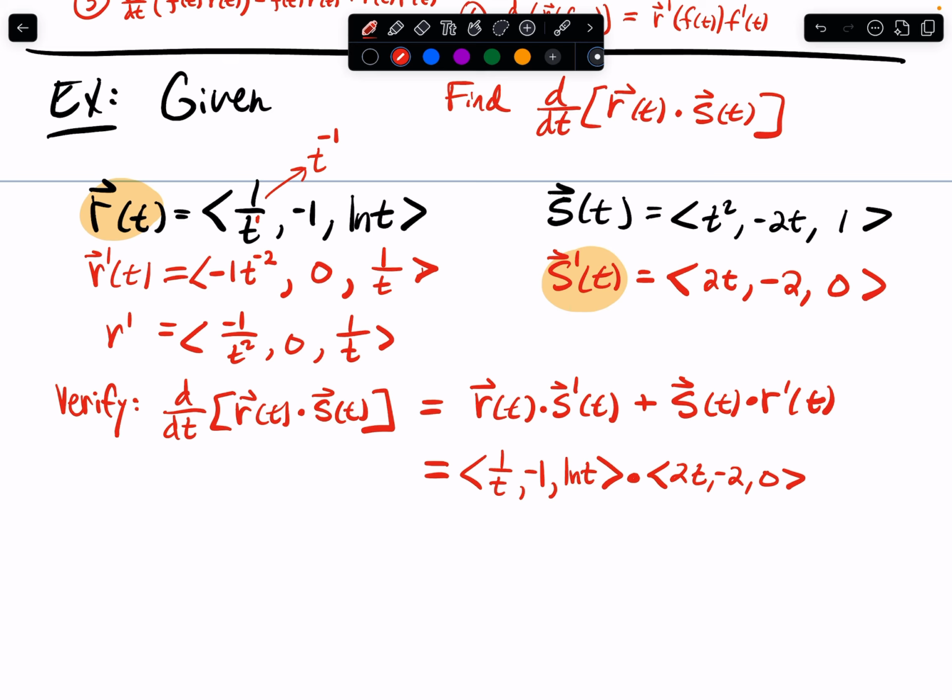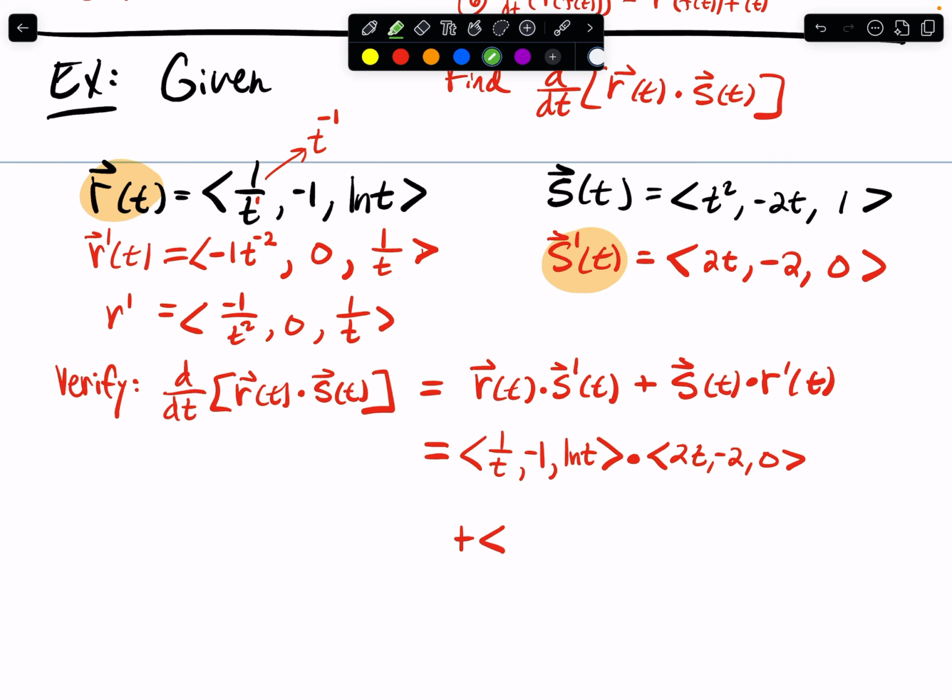And then I add that to s of t, which is this right here. So that's t squared, comma, negative 2t, comma, 1, dotted with r prime of t. So r prime of t, which is, I like that version there.